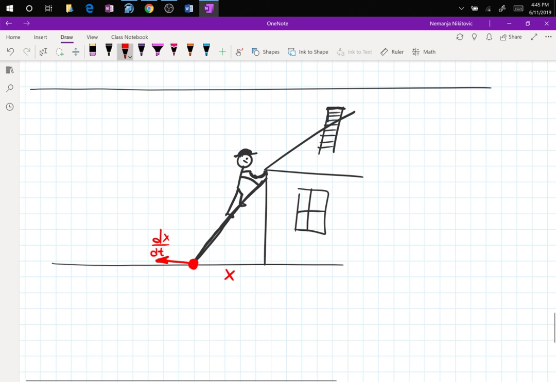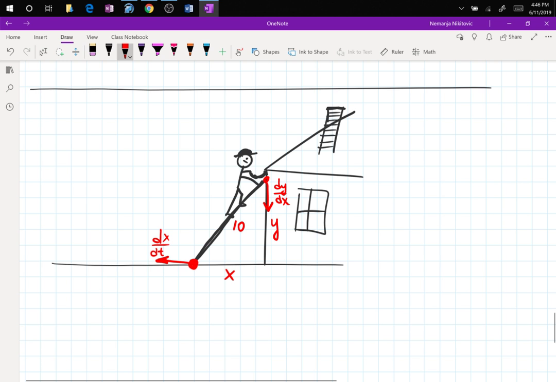So as you kick out, this side of the ladder should go down, which is the distance y at the speed dy/dt. Now let's say that the ladder is 10 feet tall. 10 feet tall ladder.